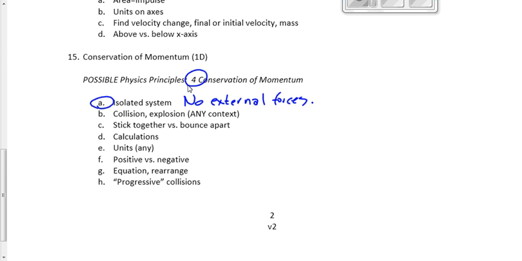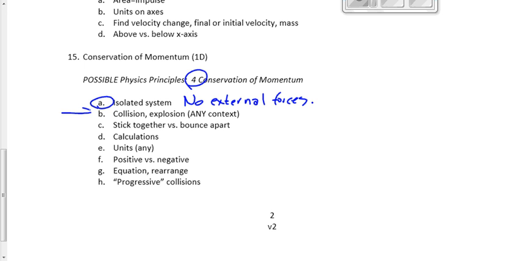That means that, yeah, maybe there is friction, but since we're dealing with the velocity immediately before and immediately after, we haven't given friction a chance to really do anything yet. So we still consider that to be an isolated system, because although there are external forces, they don't come into play until the object has had a chance to move after the collision or explosion has taken place.